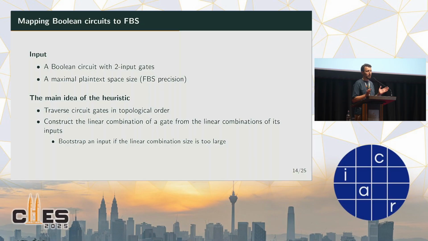So we combine the input linear combinations into a larger one, and if the linear combination of the gate we are looking at the moment is too large, we try to eagerly bootstrap one of the inputs of the gate, and we do this with the second input if we cannot map to a given functional bootstrapping precision.